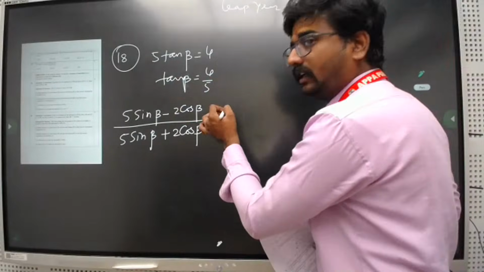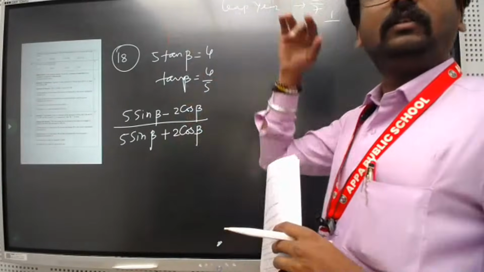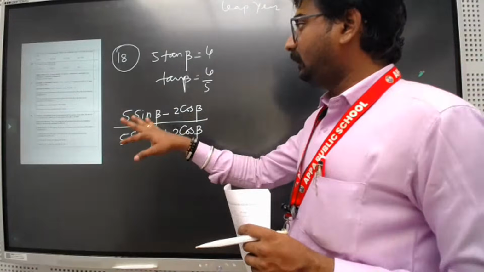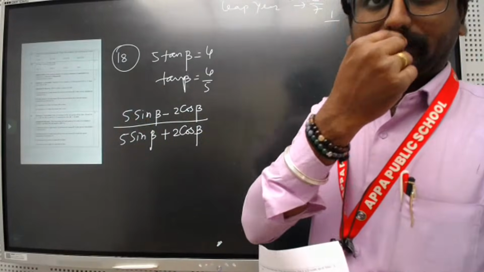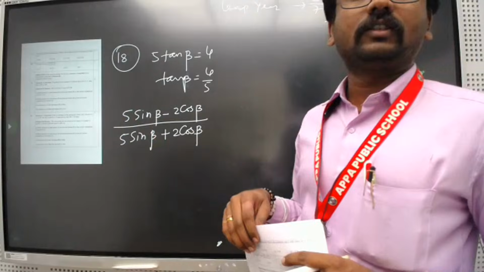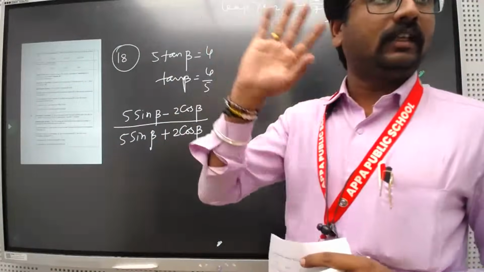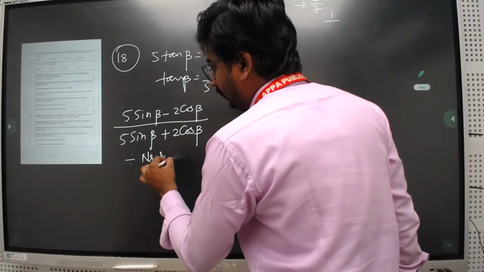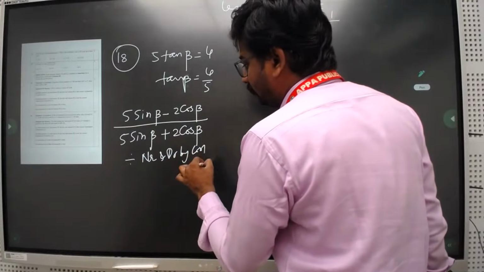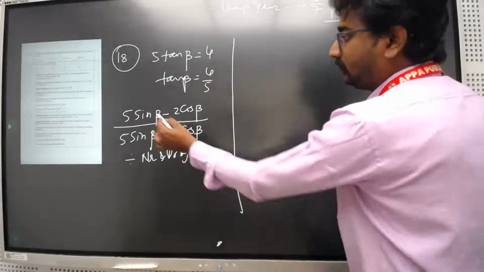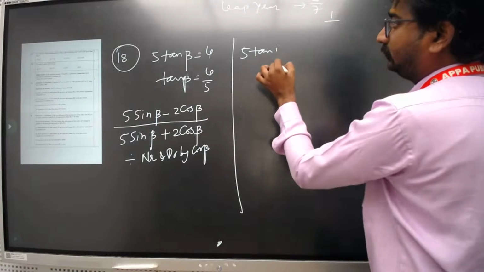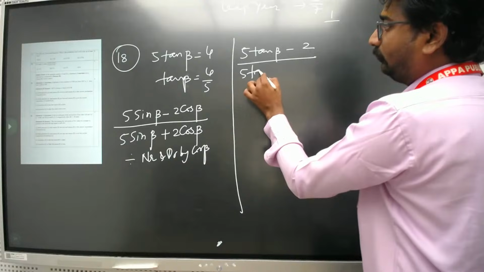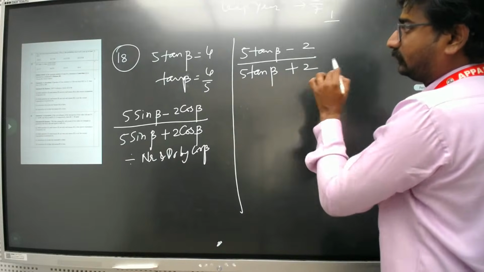But if there are extra terms like plus and minus, LCM terms will come, so avoid the risk. How to represent sin as tan? Divide by cos, because tan can be written as sin by cos. So when I divide both numerator and denominator by cos beta, sin by cos is tan beta. Cos cancels: 5 tan beta minus 2 divided by 5 tan beta plus 2.